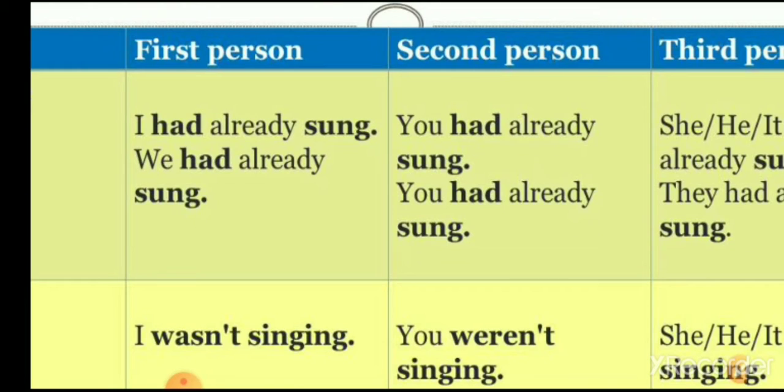For all main verbs, you should know all the three forms of verbs, that is V1, V2 and V3. And for present perfect and past perfect and future perfect, definitely we have to use V3 form of verbs.